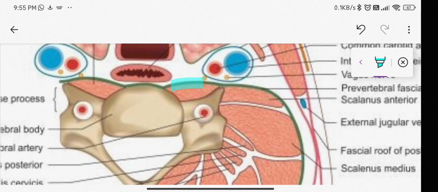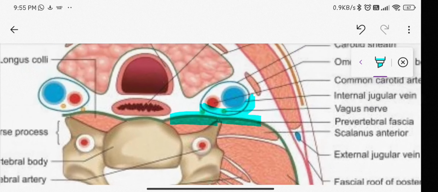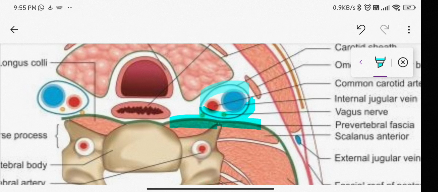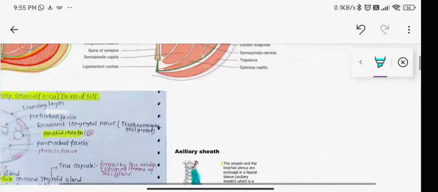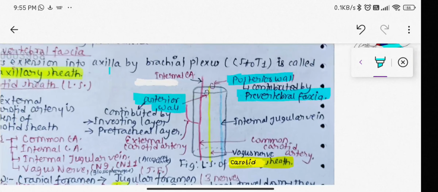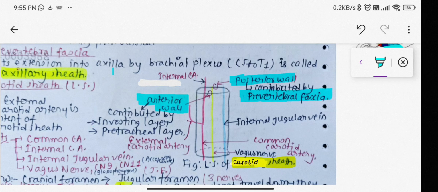So this is your prevertebral fascia and this is the carotid sheath, and this is the posterior wall of the carotid sheath. Whereas its anterior wall is contributed by two fascia: this one is the pretracheal fascia and this one is your investing layer. So the anterior wall is contributed by the investing layer as well as the pretracheal layer.